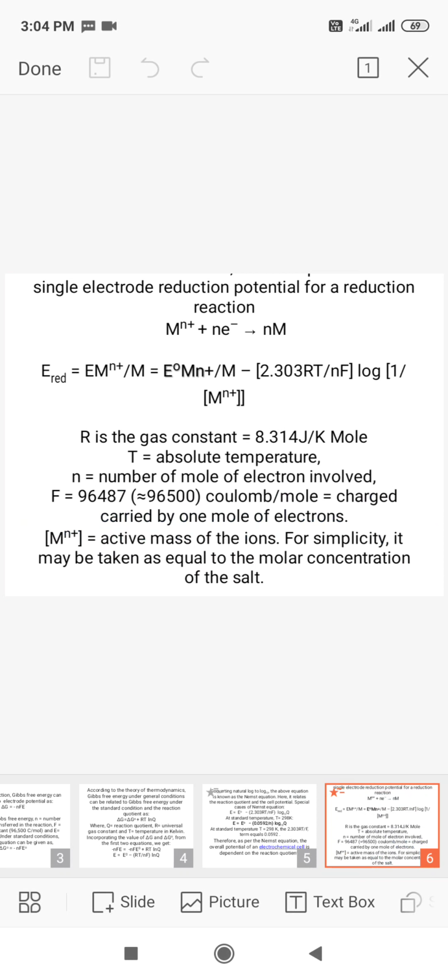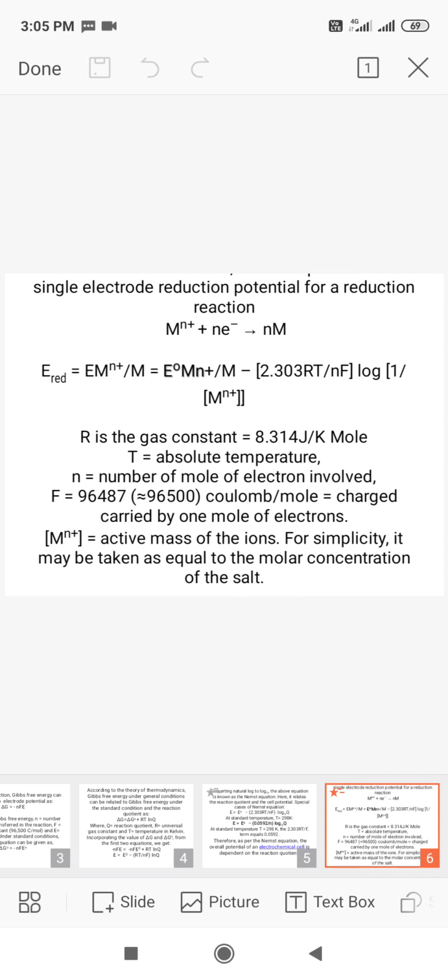Actually, here in the above reaction, that small n refers to the number of electrons transferred, which corresponds to the valency of the metal. If we use zinc, n is equal to 2. If it is a hydrogen electrode, n is equal to 1.